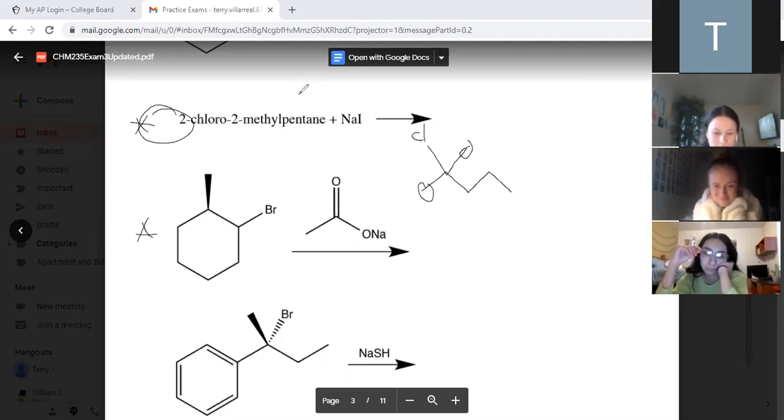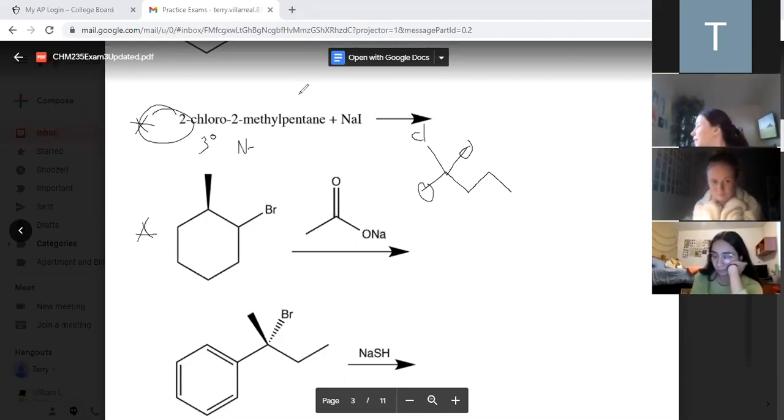If they give you the name and told you R or S, that was a dead giveaway. But in this one, they even tell you there's no stereocenter because it's not in the name. So because this is a tertiary, it is not a stereocenter. We are simply going to replace our chlorine with our iodide.